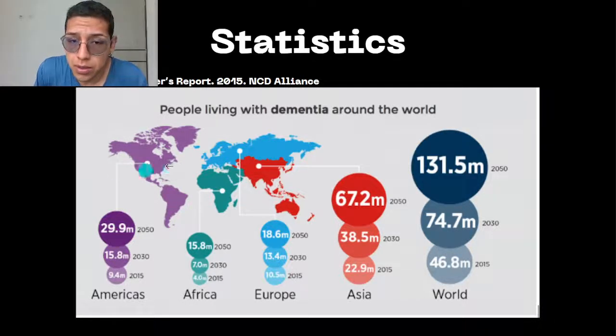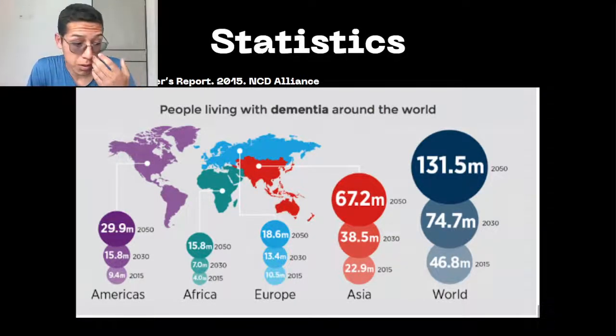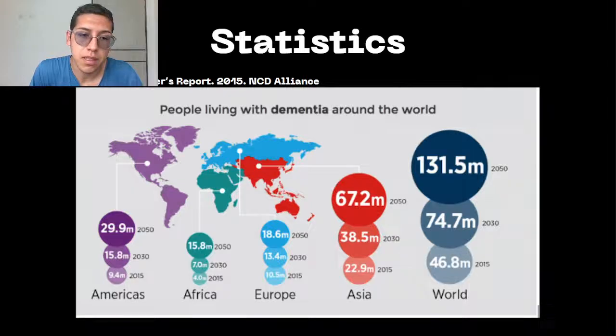It is curious, and important to highlight, that there is another study that I didn't put here that says that if Alzheimer's was a business, it would be the most successful business because of the cost of the disease.